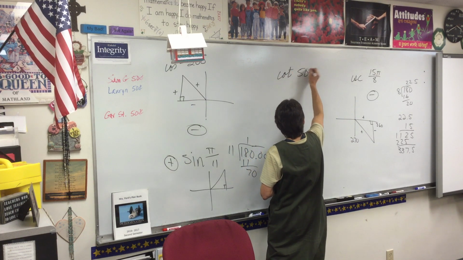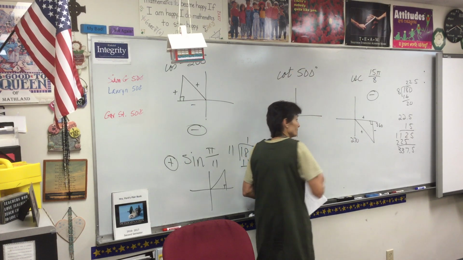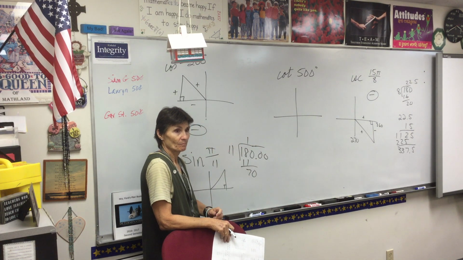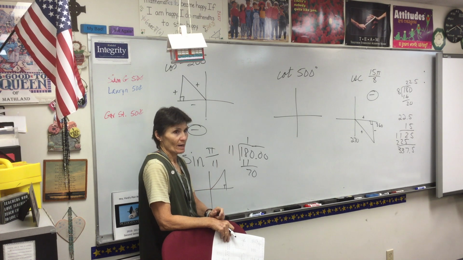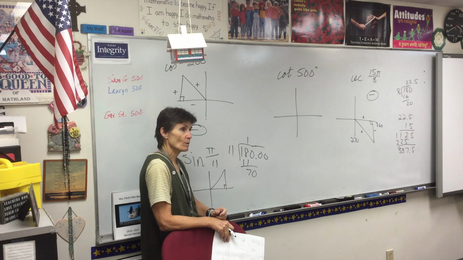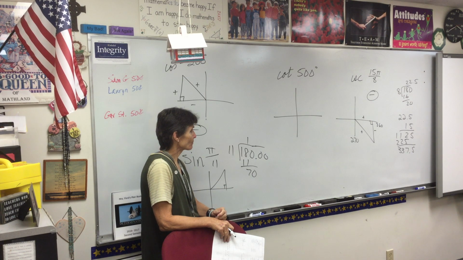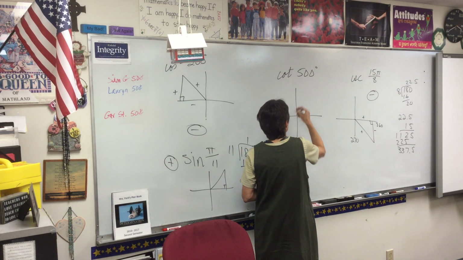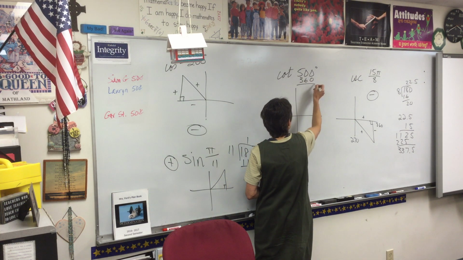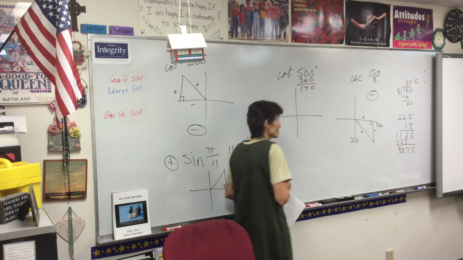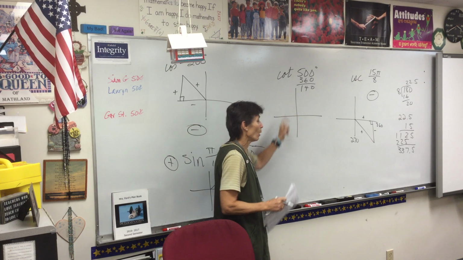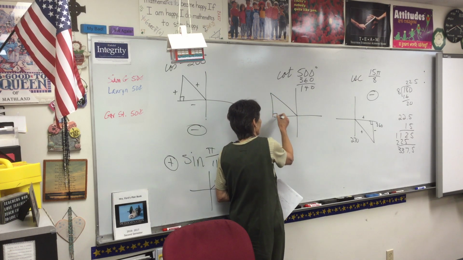Now, what about this? Where is that? Well, it's more than once around, isn't it? Wouldn't 500 degrees be more than once around? What's once around? 360. So this thing goes all the way around. And how much extra? 140 extra? So it goes all the way around and then another 140. So wouldn't it be in quadrant 2?